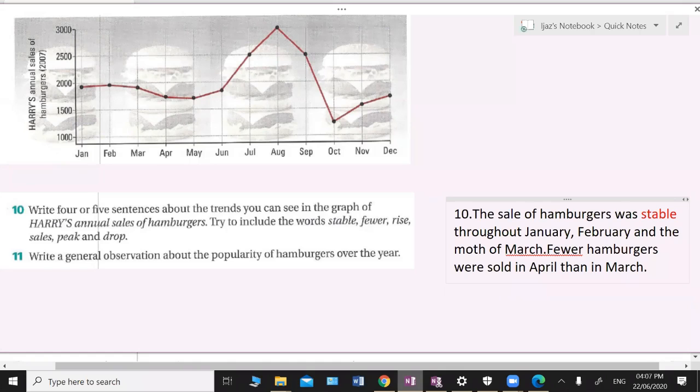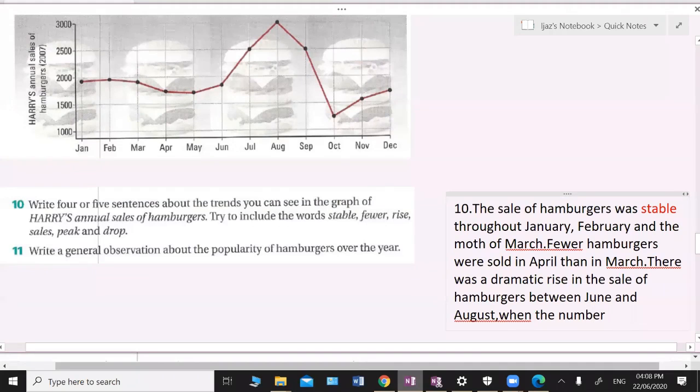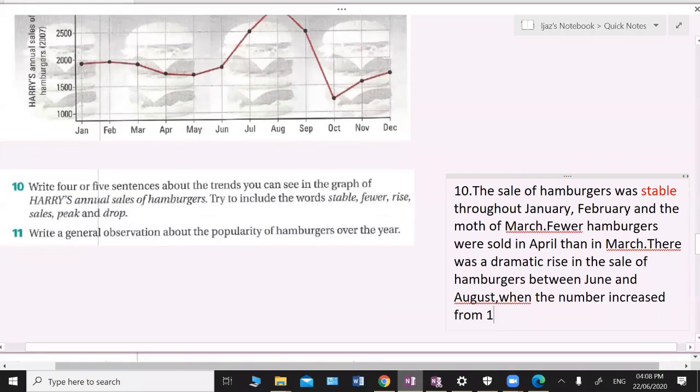Okay, then another sentence which you have written, there was a dramatic rise in the sale of hamburgers between June and August, when the number increased from 1900 to 3000.